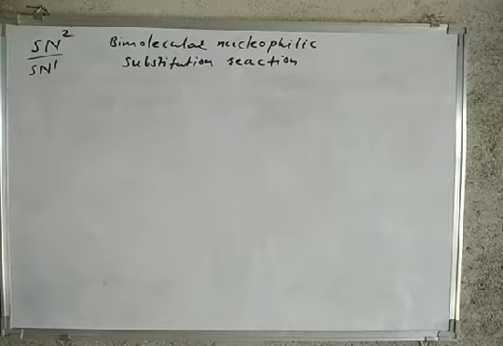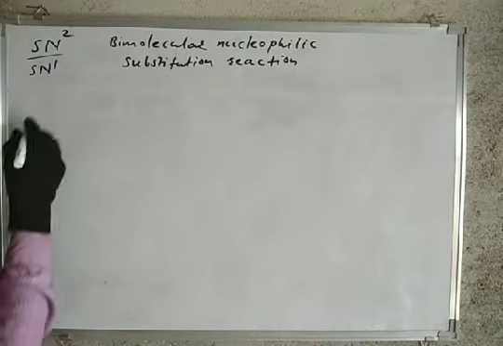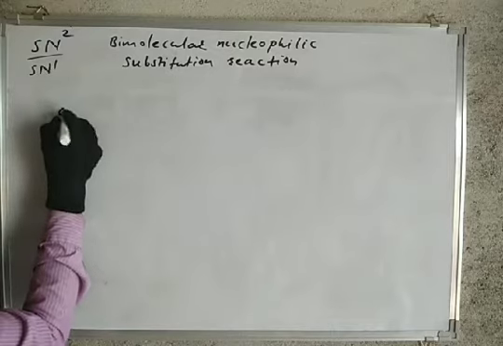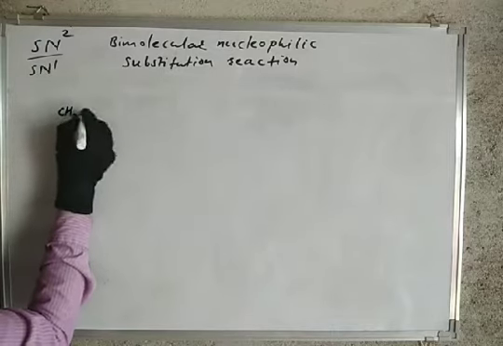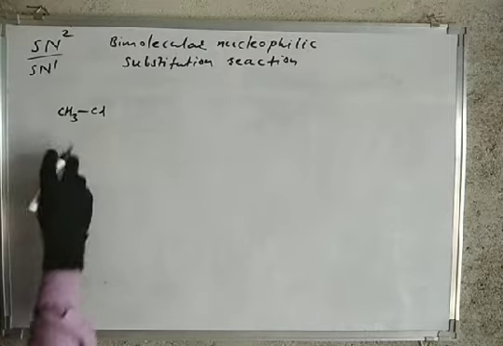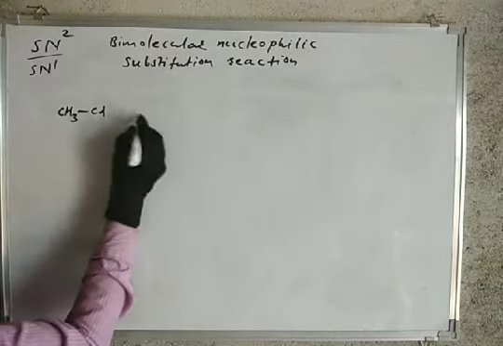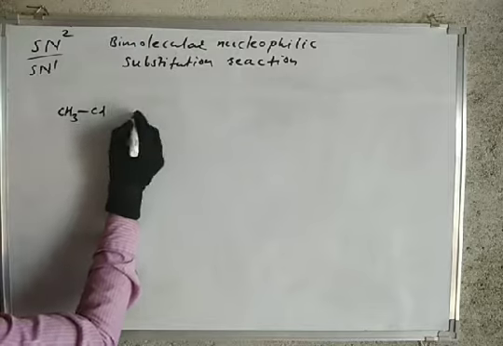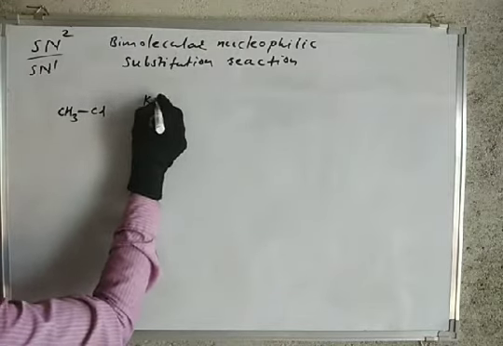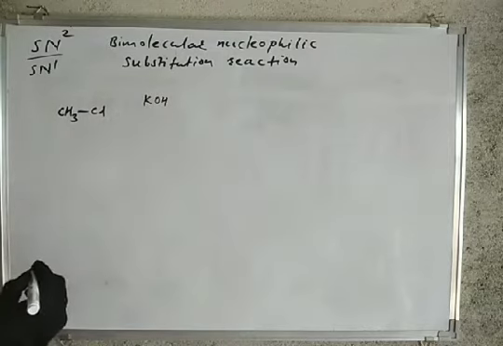Let us see an example of an SN2 reaction. Here we will take CH3Cl as the starting material, that is an alkyl halide, methyl chloride. When this methyl chloride is treated with a strong base, that is KOH or NaOH.